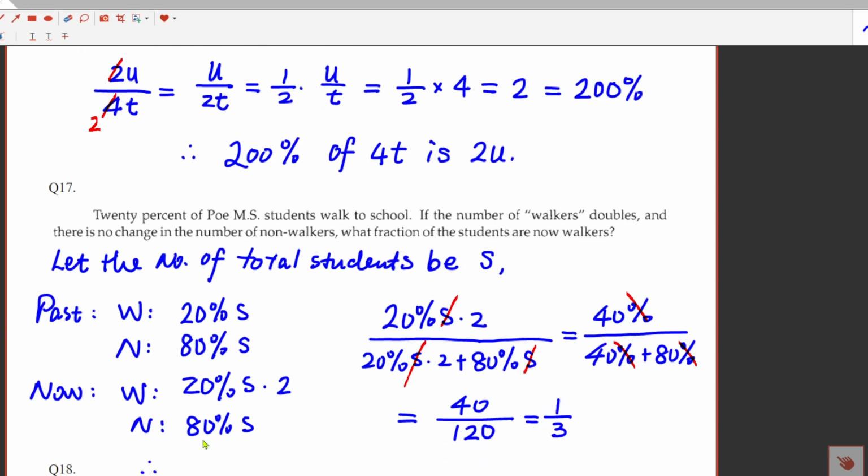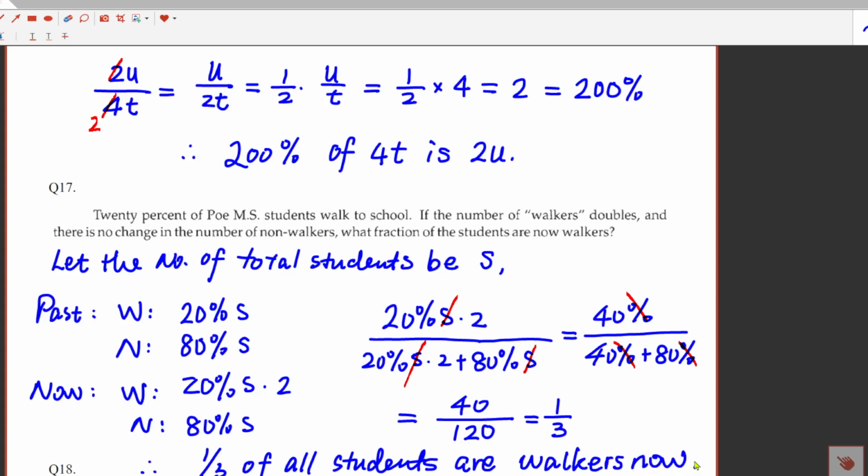Therefore, we can answer this question now. 1/3 of all students are walkers now. Okay, any questions? Alright, if you don't have any questions, please correct your solutions accordingly. And next, let's have a look at the new topic.